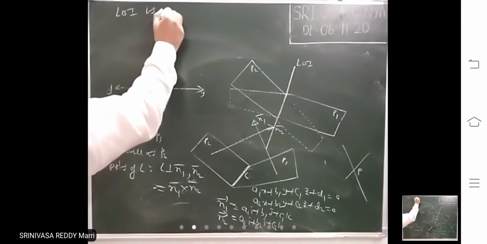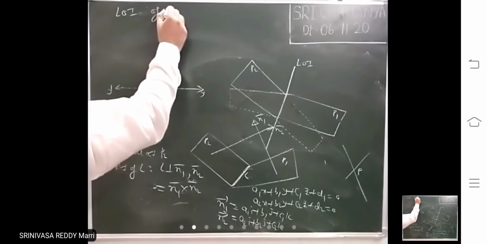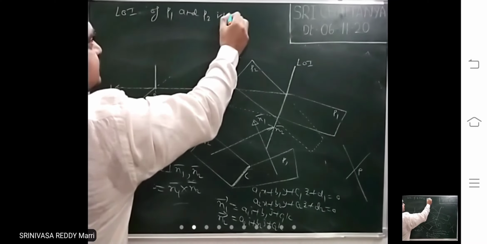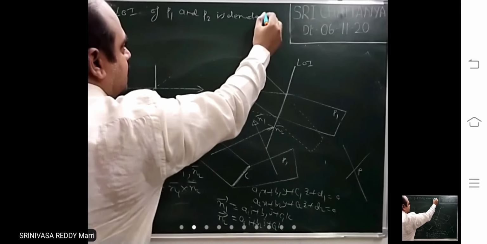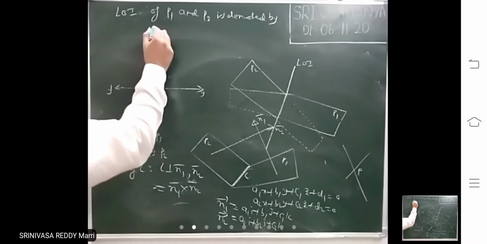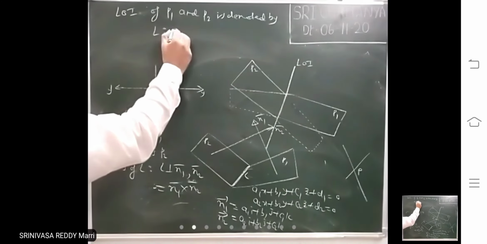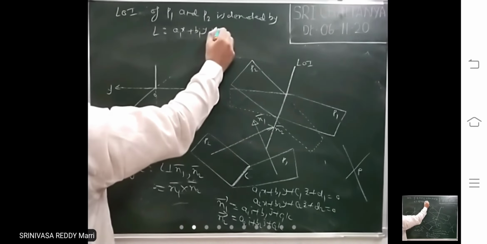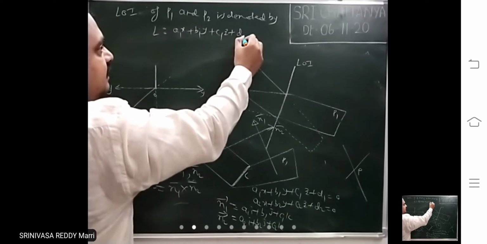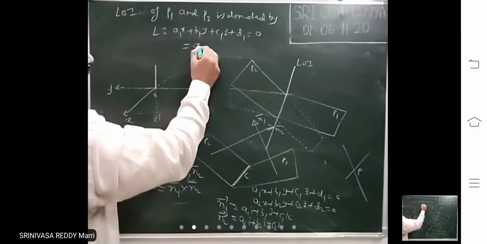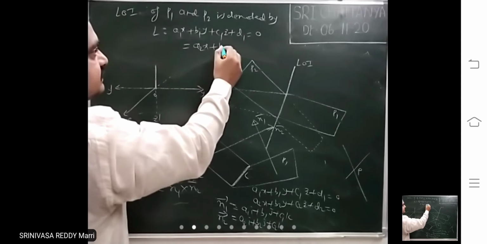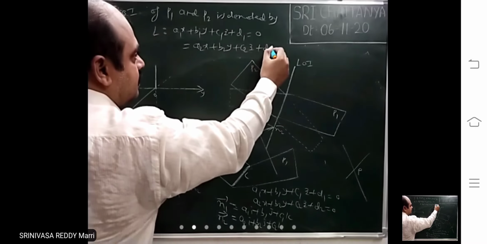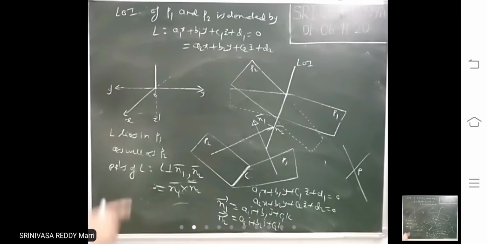The line of intersection of plane 1 and plane 2 is denoted like this. He will give the line as A1x plus B1y plus C1z plus D1 equal to 0, and A2x plus B2y plus C2z plus D2 equal to 0.